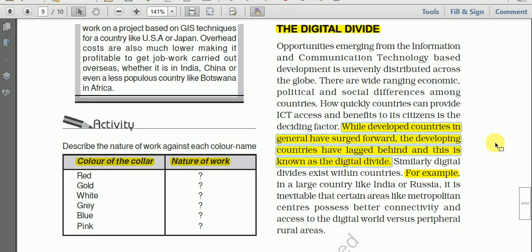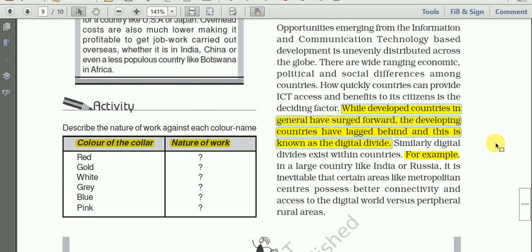Some of these Western European countries and American countries are highly developed in the field of information communication technology, whereas some countries in Asia and Africa are lagging behind in ICT, and we have a wide gap between the developed economies and people and the underdeveloped and developing economies and people. This gap is known as digital divide.